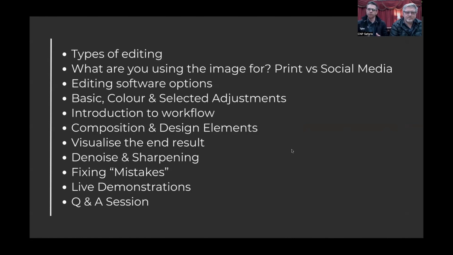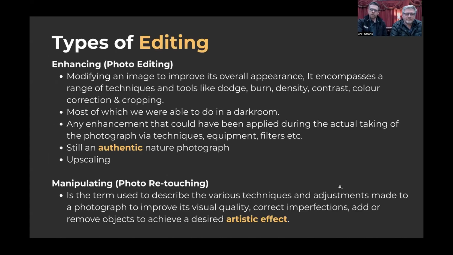Composition, design elements, visualizing the end result, denoise and sharpening, of course, we all know is a major part in today's editing, fixing mistakes. Then we're going to have a live demonstration right at the end, and after the live demonstration, we're going to have a bit of a Q&A session to answer any of the questions that you guys might have throughout this. So let's firstly look at the types of editing that we have.